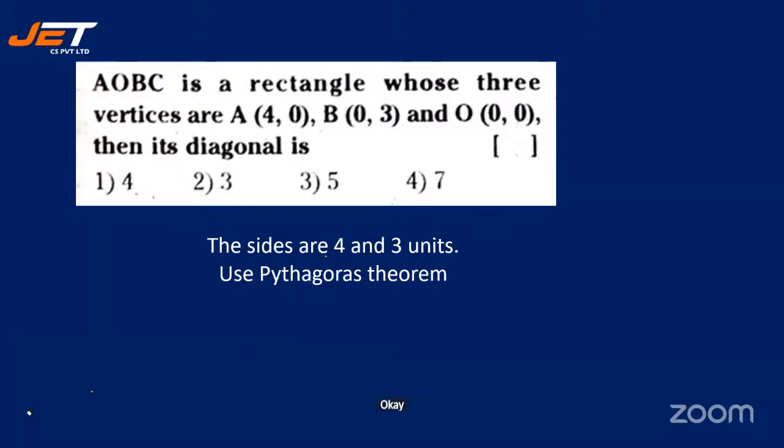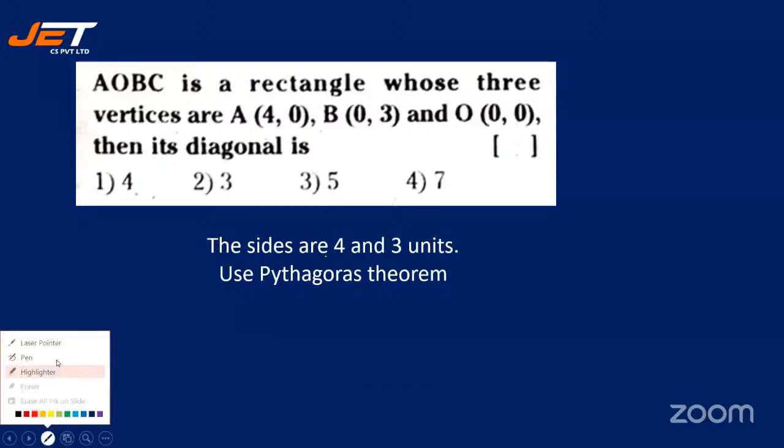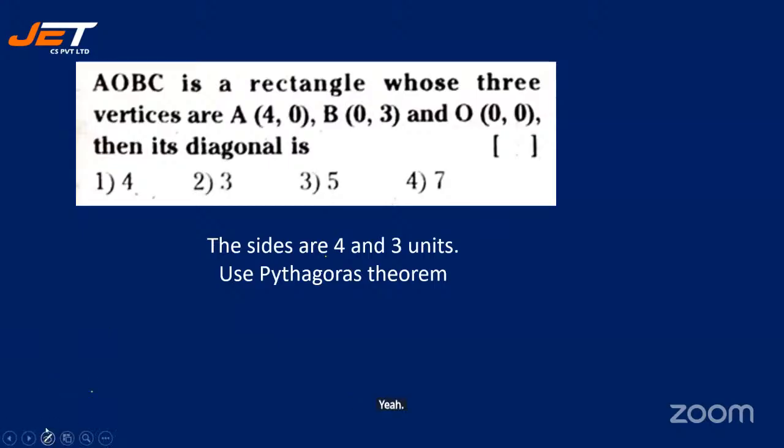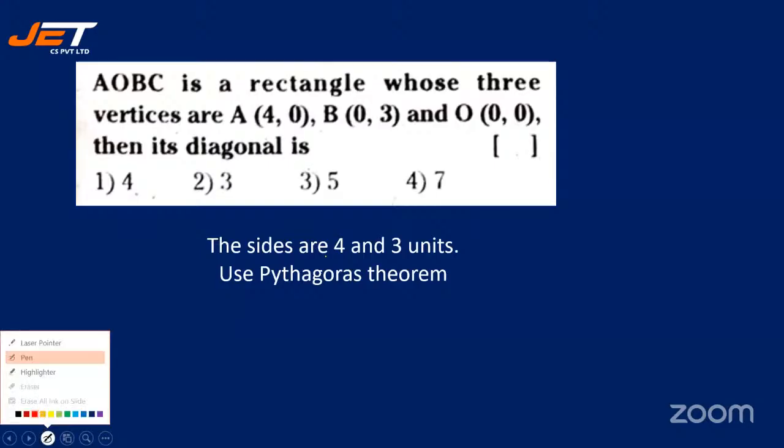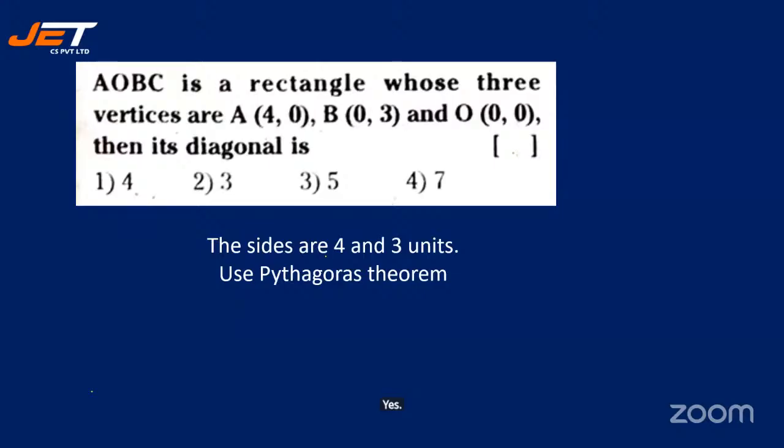Okay. So here, I'll just use the pen. Yes. The sides are 4 and 3 units. So now you can use the Pythagoras theorem. With that, you will be able to get the answer.